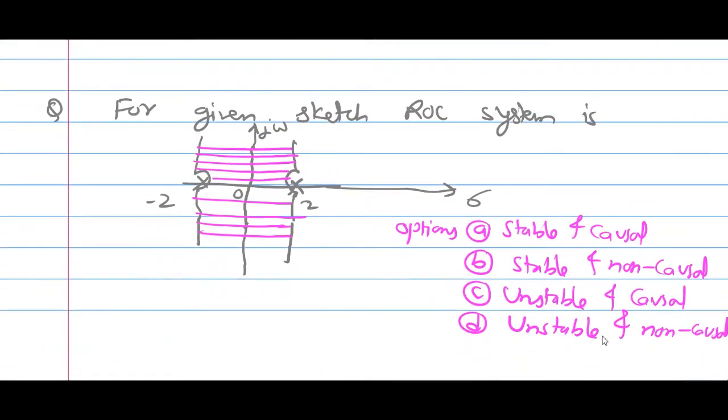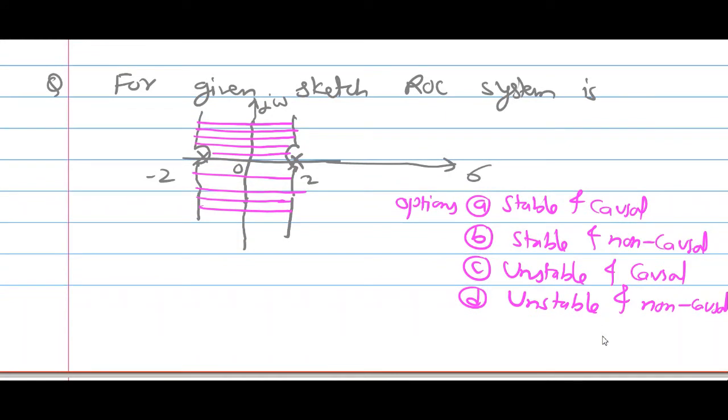Now let's look at one more. For the given sketch of ROC, the system is. The system is crossing the j omega axis. Therefore, it must be stable. So we are left with option A and option B. Now, for this pole, it is going towards the right side, so it is causal.